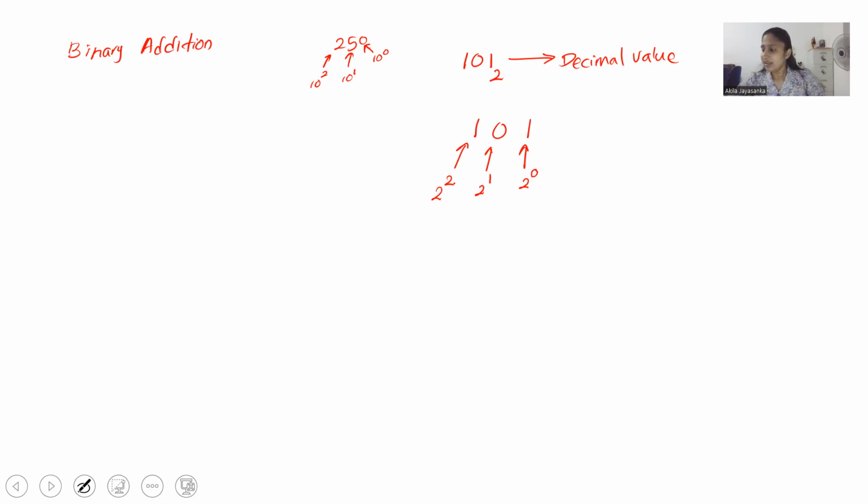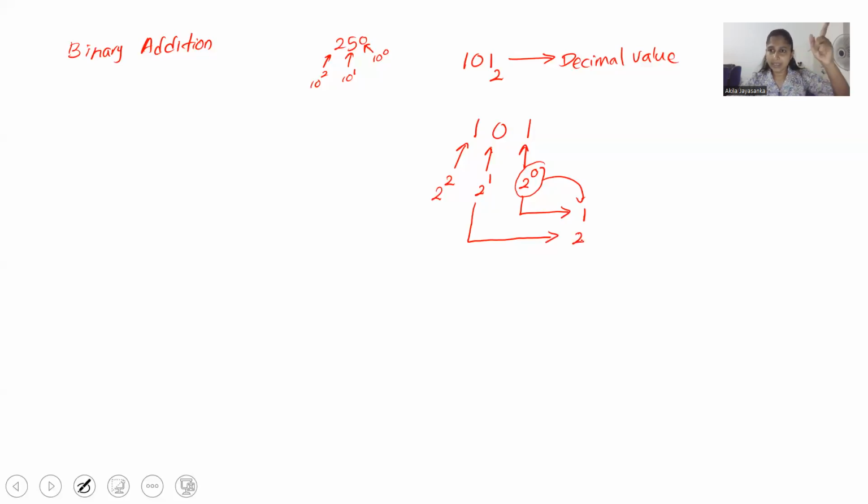Let's convert this binary value into decimal value. If the place value is 2 to the power 0, that means 1. Any number to the power 0 is 1. If the place value is 2 to the power 1, the value is 2.